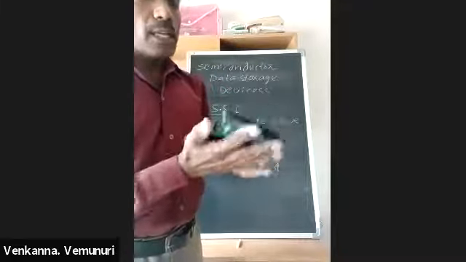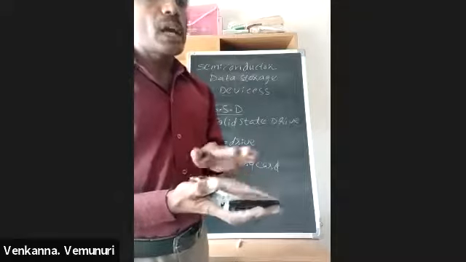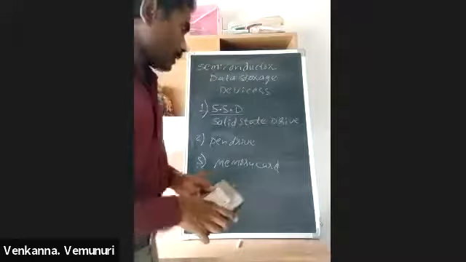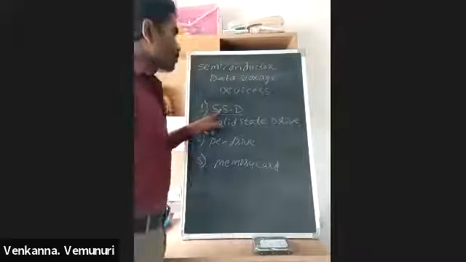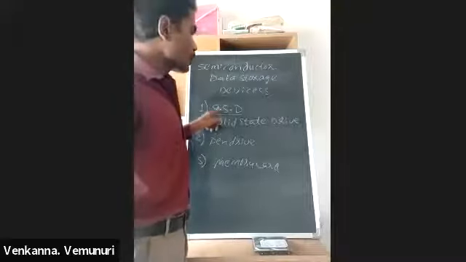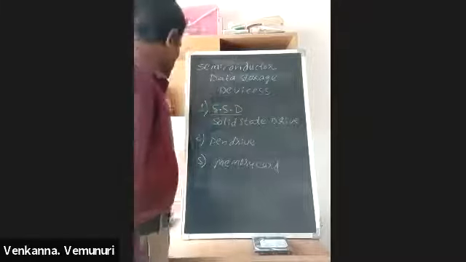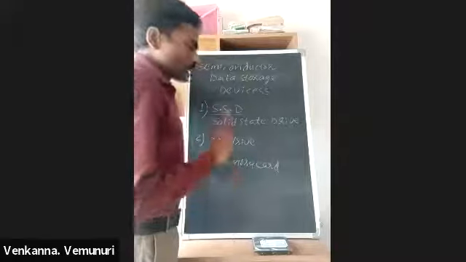Means a normal hard disk, the magnetic data storage hard disk, has mechanical parts. But in a solid state drive there are no mechanical parts. It is totally memory chips, no mechanical parts. That is one advantage.